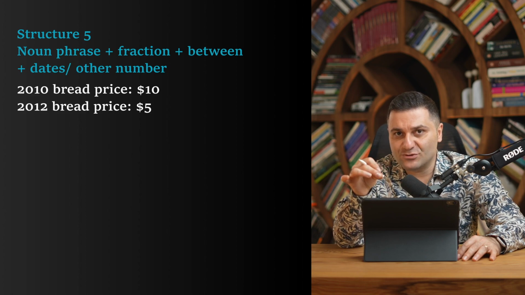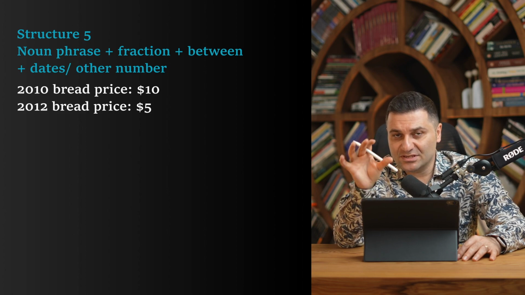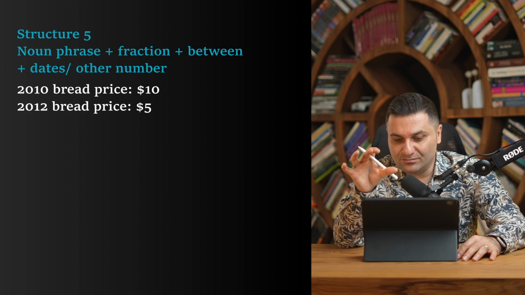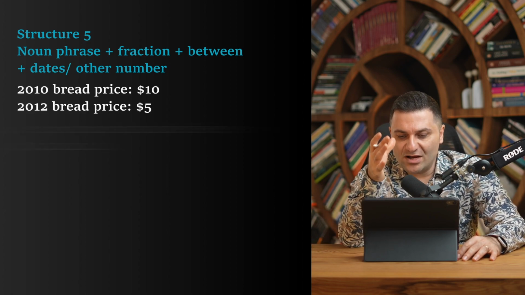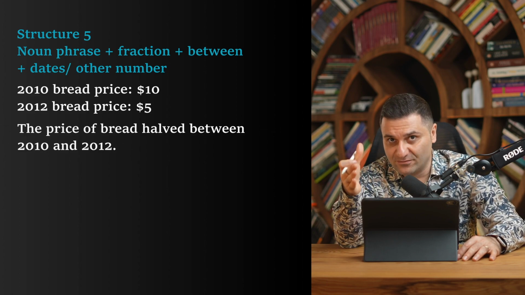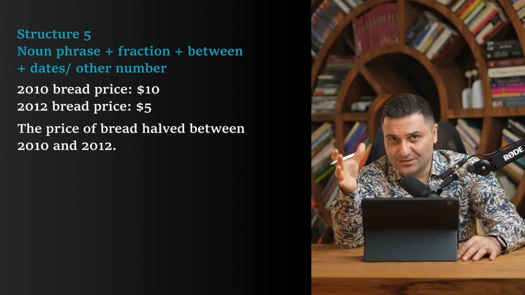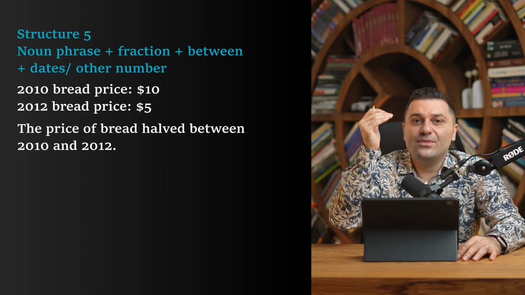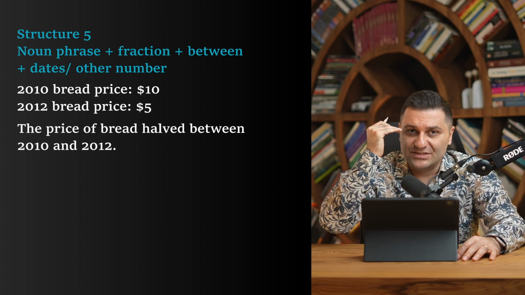And then in 2012, the bread price was $5. So we can say this in a sentence like this: the price of bread, which is our noun phrase. For the fraction here, it is halved, all right? So the number from $10 to $5 is halved.